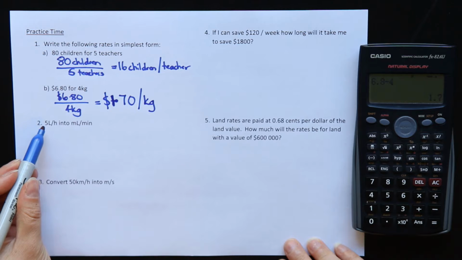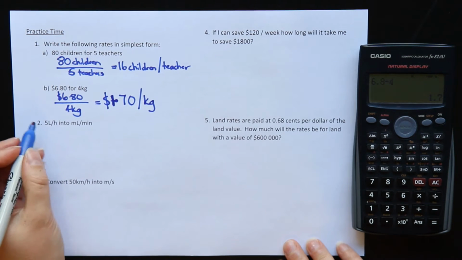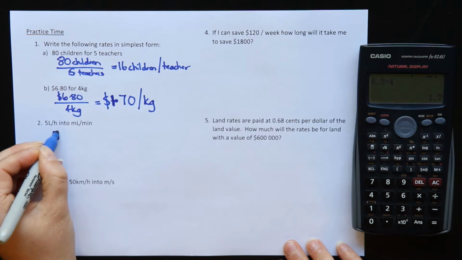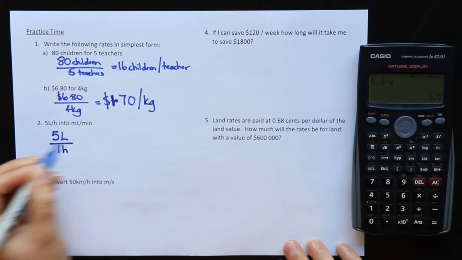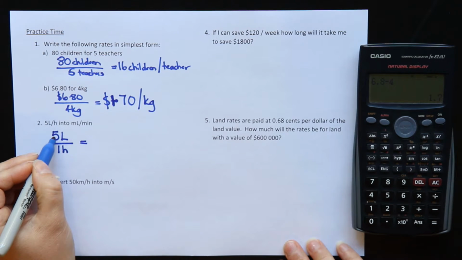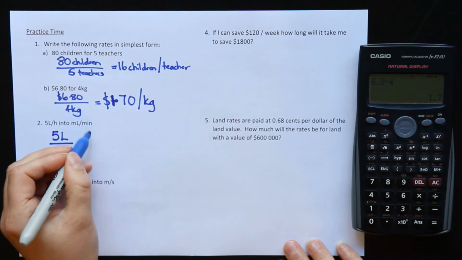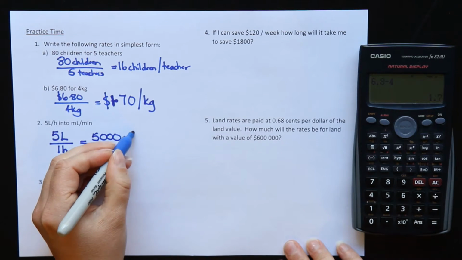Question 2, 5 litres per hour into millilitres per minute. So we want to write that as 5 litres per 1 hour. Okay, we want to change litres into millilitres. 5 litres we times by 1,000 to get 5,000 millilitres.